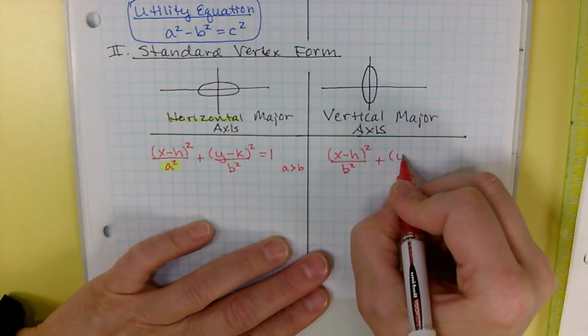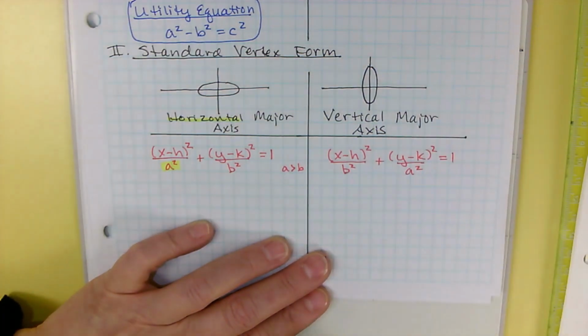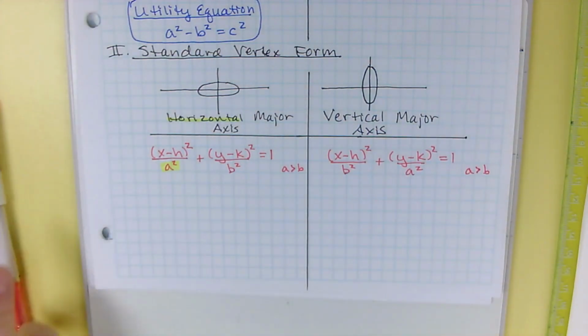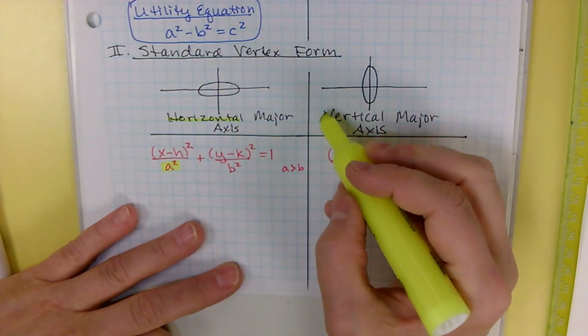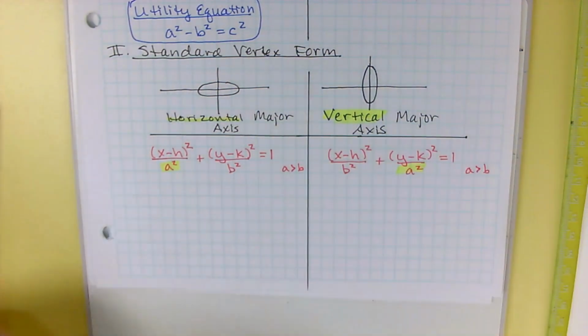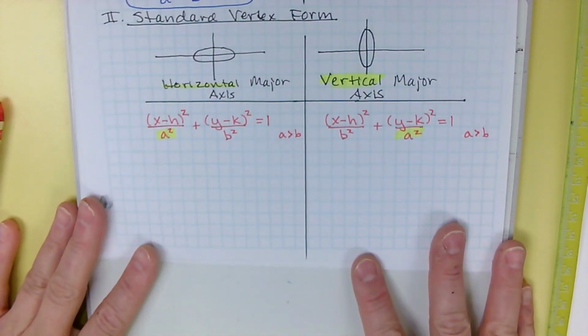And then plus y minus k squared over a squared. It also equals 1. A is still bigger than B, it's just moved. So if you have a vertical major axis, the bigger number is under the y, and you're going to count A up and down from the center because it's a vertical major axis.